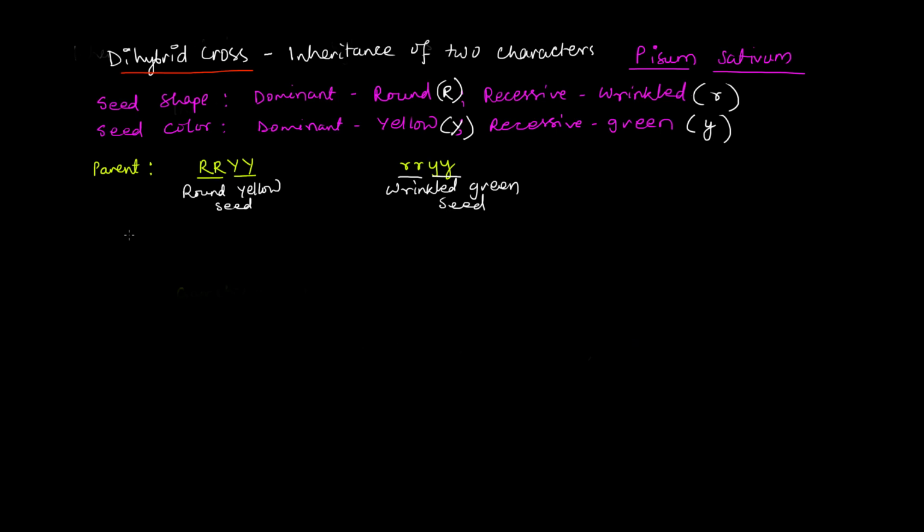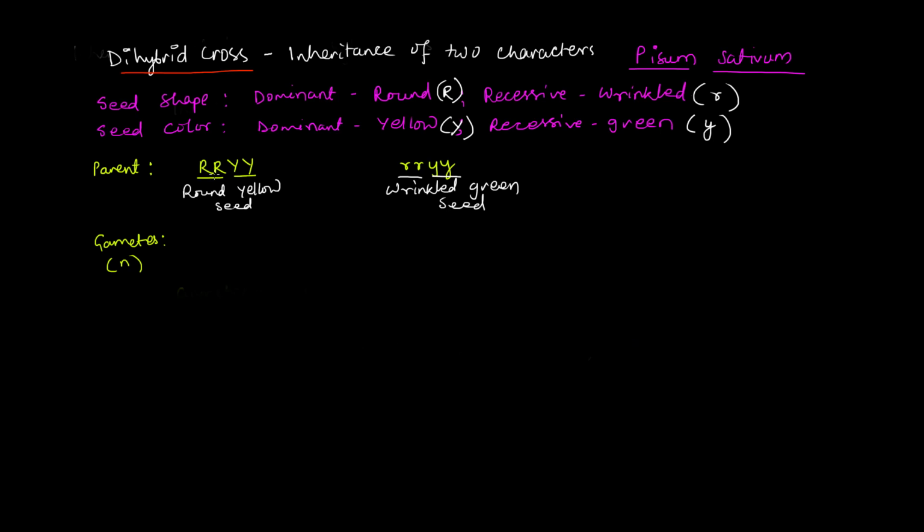Obviously these were the conditions in case of a somatic cell, but we know during reproduction they are going to form the gametes, and we have already learned that the gametes are going to be haploid in nature. Because they are haploid, for each of the characters we had how many? Two alleles.